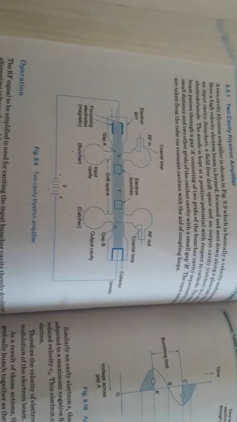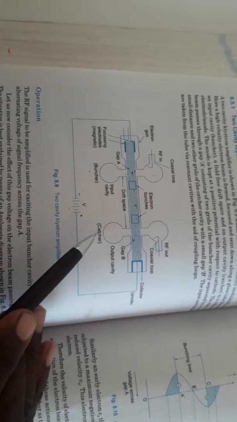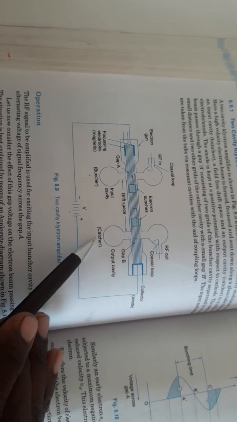So, dear students, you are observing here a two cavity Klystron amplifier. Now, in this two cavity Klystron amplifier, we are observing two different cavities. The first cavity is called the buncher cavity, and the second cavity is called the catcher cavity.